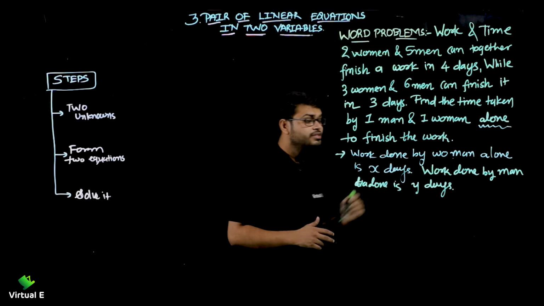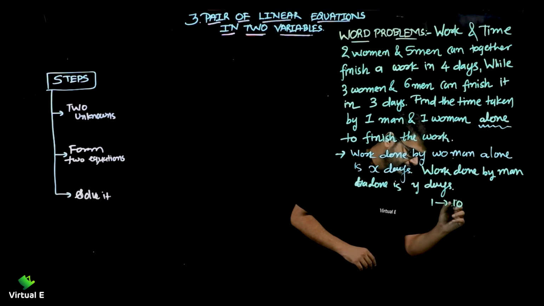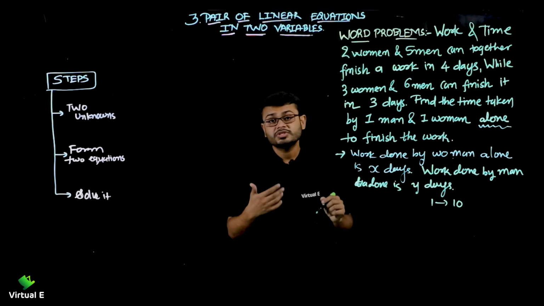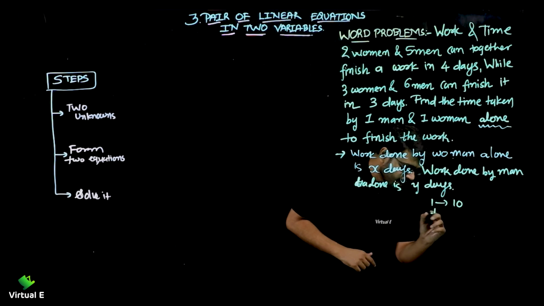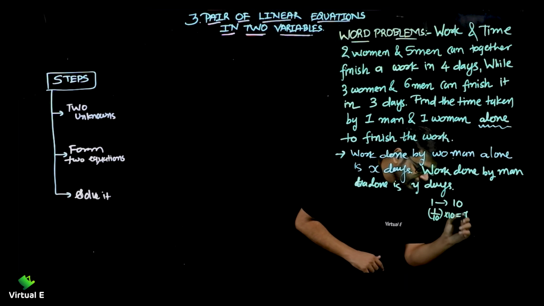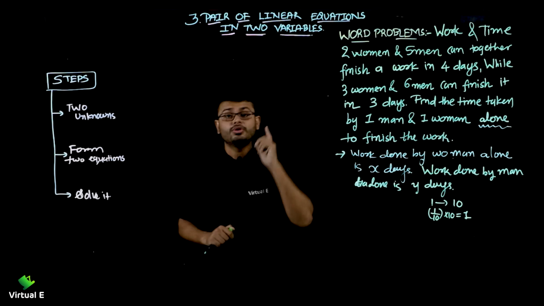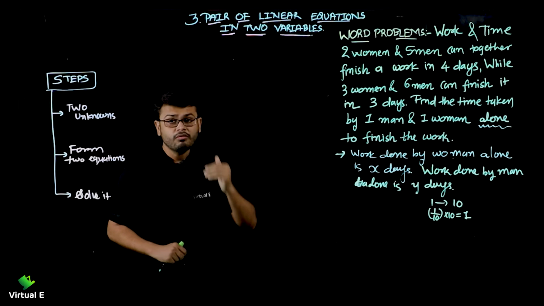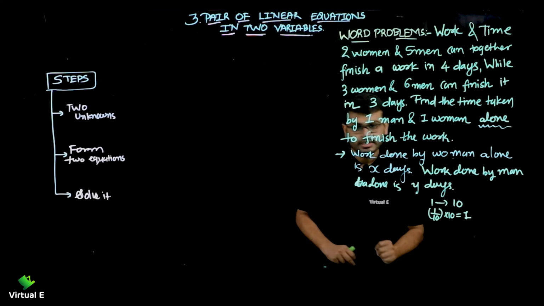That is the inverse of it. If you want to see how much work you are doing per day, that will be 1 over 10. And if you multiply it by 10, you will get 1 project done. So in 1 day, you are completing 1 over 10 of your project, right?